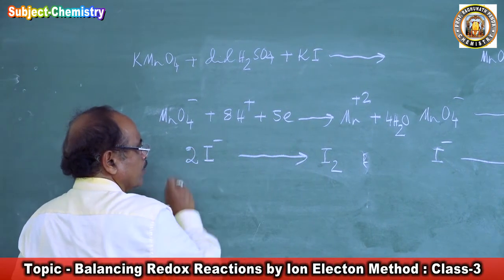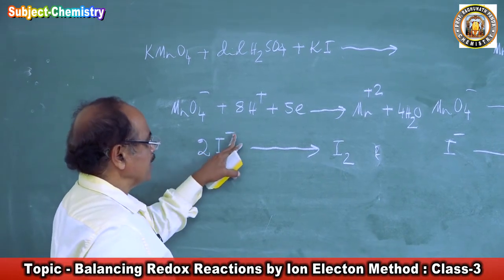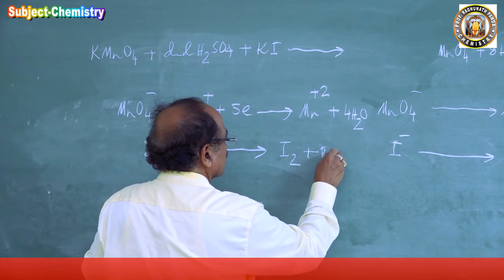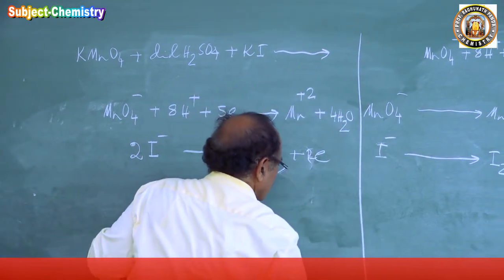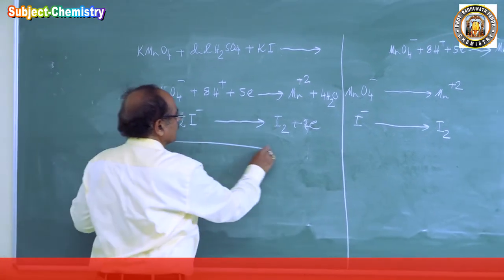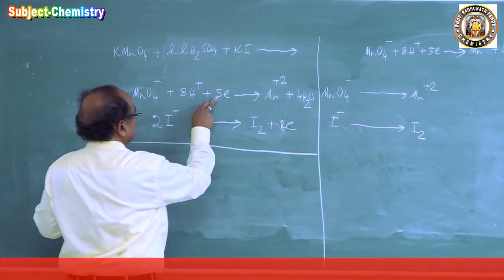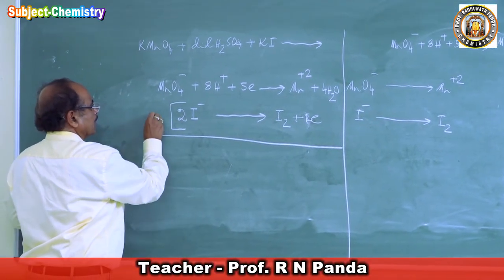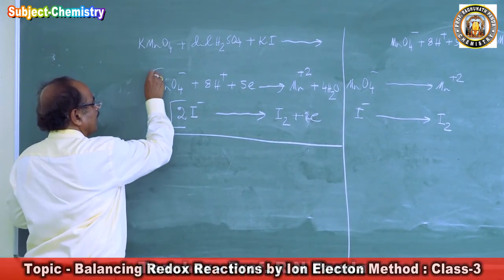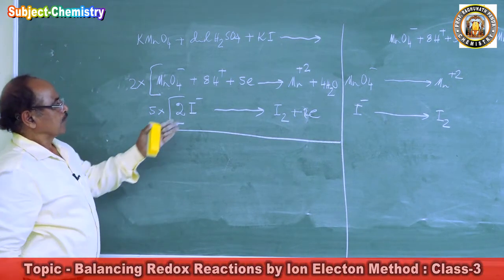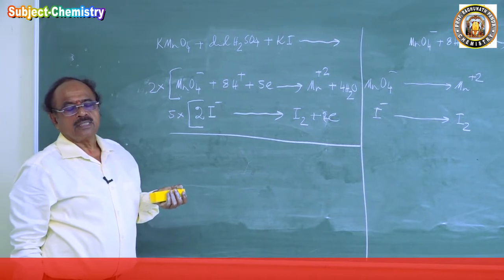To balance the atoms, we multiply by 2. Now balance the charges: here 2 negative charges, so we add 2 electrons here. So in the first equation we have 5 electrons, in the second equation we have 2 electrons, so we multiply this equation by 5 and this equation by 2. Cancel out the electrons and add.